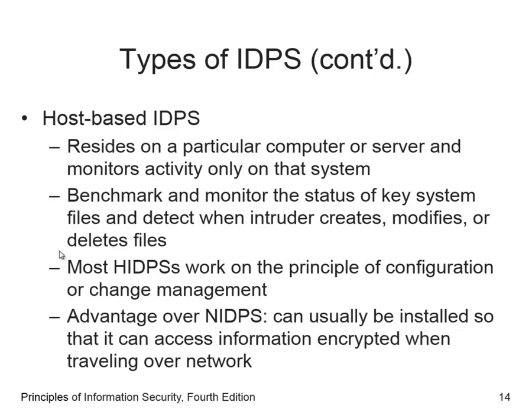The host IDS then triggers an alert when one of the following changes occurs: a file attribute changes, new files are created, or existing files are deleted. The host IDS has an advantage over the network IDS in that it can usually be installed in such a way that it can access information that is encrypted when traveling over the network.